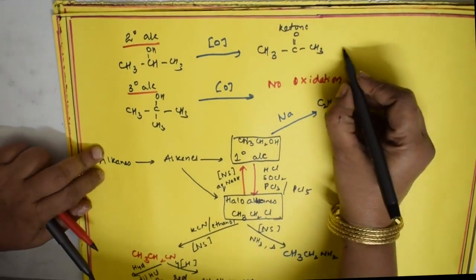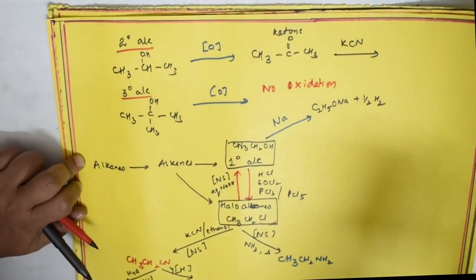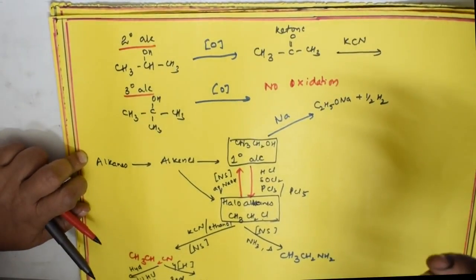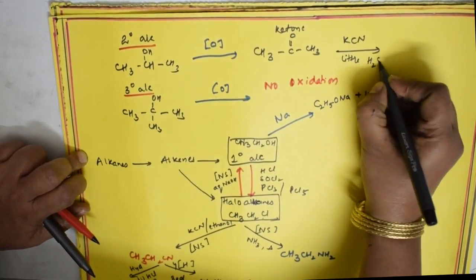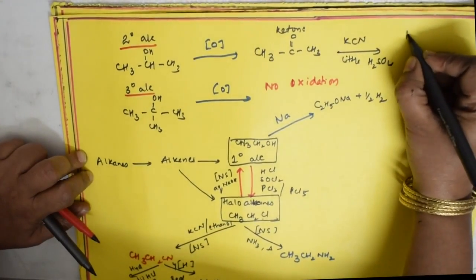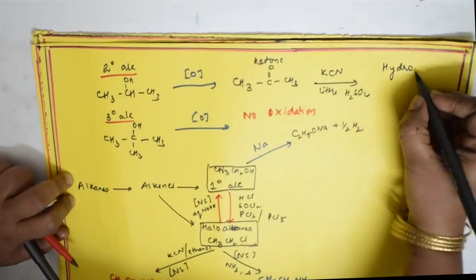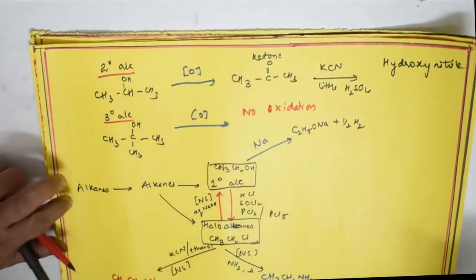Remember, this acetone further, if you are introducing KCN and a little sulfuric acid, acidified. When you're using sulfuric acid, what happens? It's going to form a product called hydroxynitrile. What is the formula?